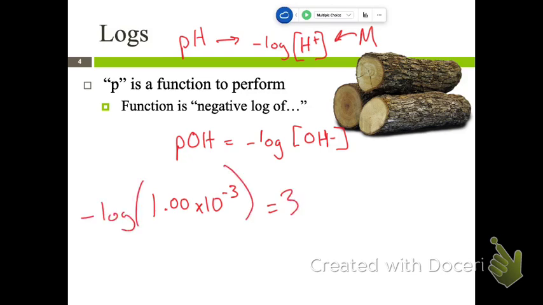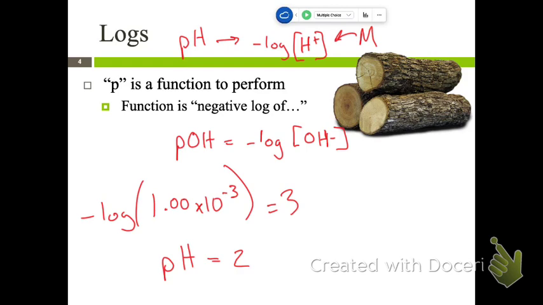Why is it 3? What does a negative log mean? It's the negative of this exponent. So what is the P? If we say the pH is 2, what does that mean?